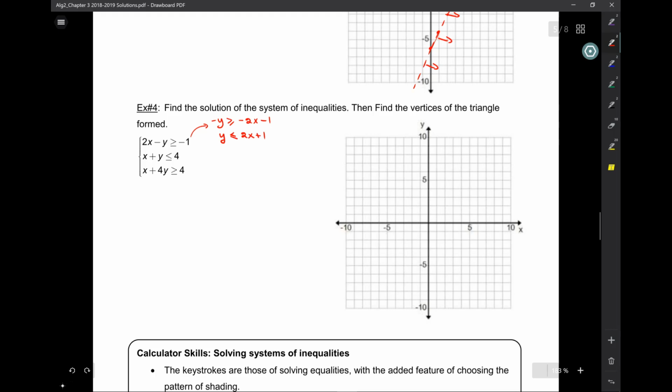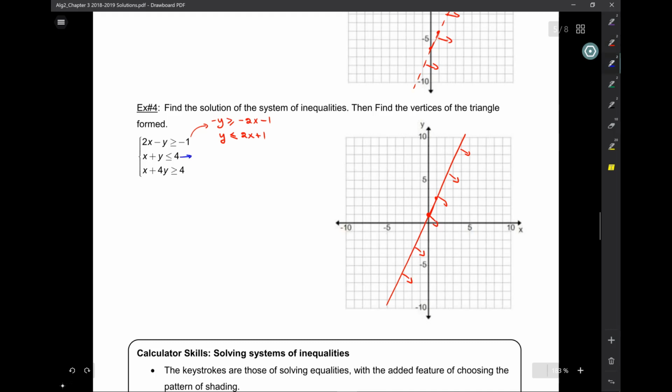Is that right? Yes? Okay, so I go up to 1. And now I'm going to go up 2 over 1. And that's going to be a solid line. And it's going to shade this side. Okay?